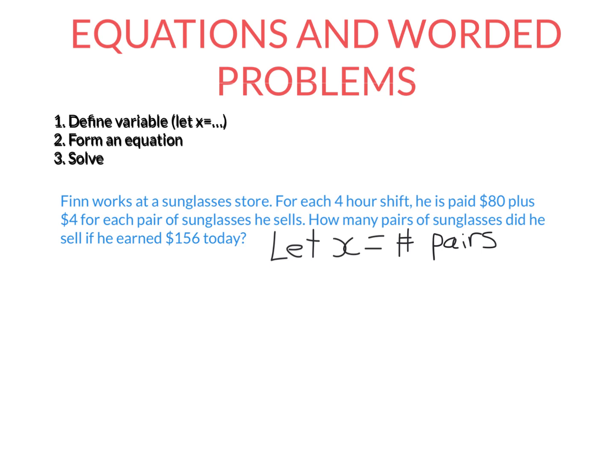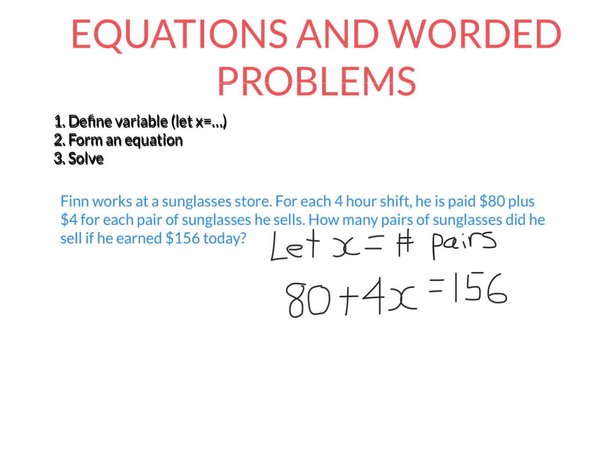That's what we're going to write in the equation. So he gets $80 for the 4-hour shift plus $4 for each pair of sunglasses. That's what he's paid: $80 plus $4 per pair of sunglasses. And we're told that today that equals 156. These two steps are the hard parts in worded problems.